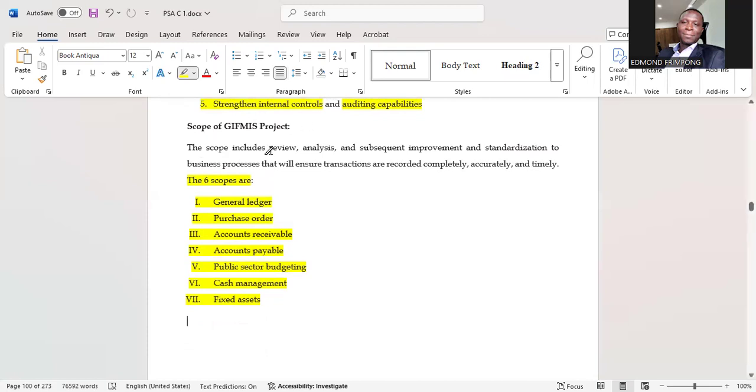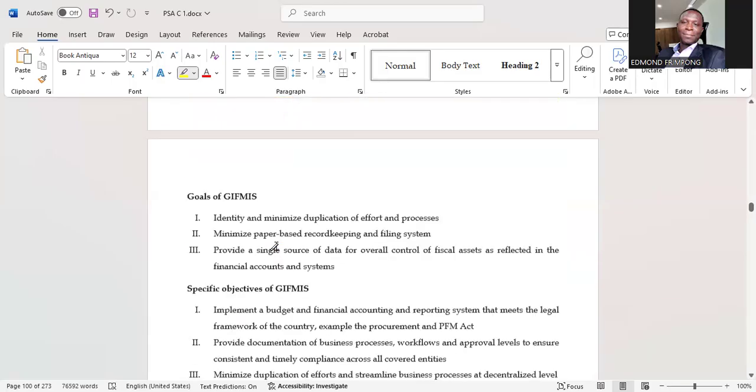The scope basically includes review, analysis, and subsequent improvement and standardization of business processes that will ensure that transactions are streamlined by being recorded completely, accurately, and timely. If you check, all these are things you will find in typical private sector reporting requirements: issues about general ledger, payments, accounts receivable, and all that.